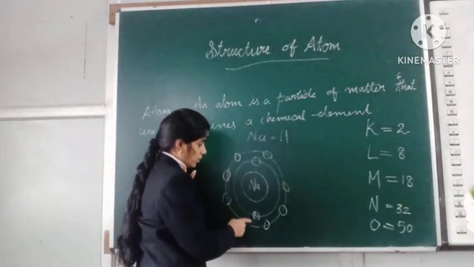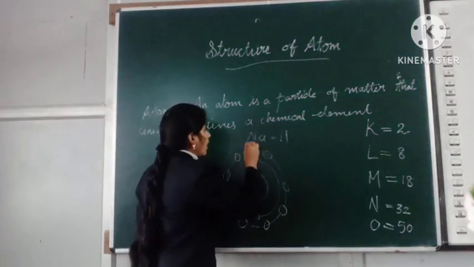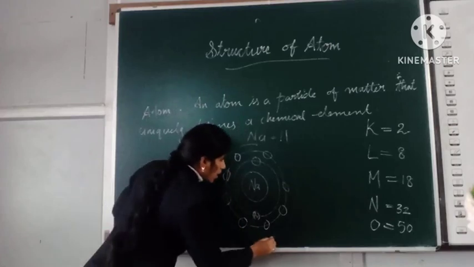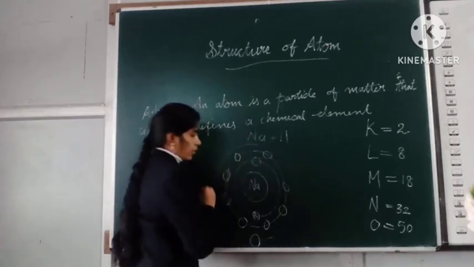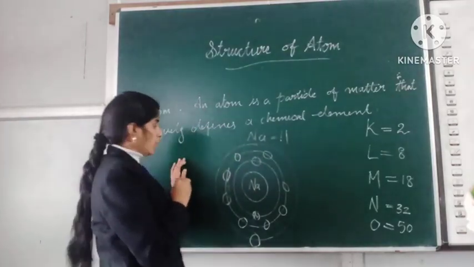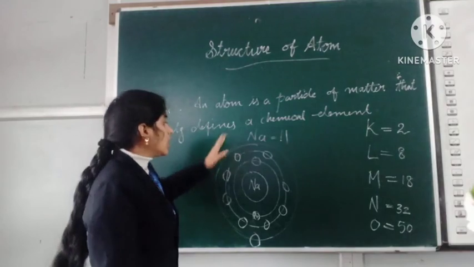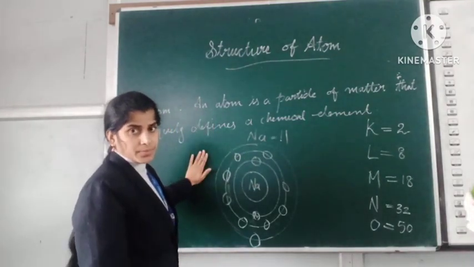That's 8 plus 2, 10. And 1 more electron will be accommodated in the M shell. Like this, we arrange the electrons, the subatomic particles, in an atom.